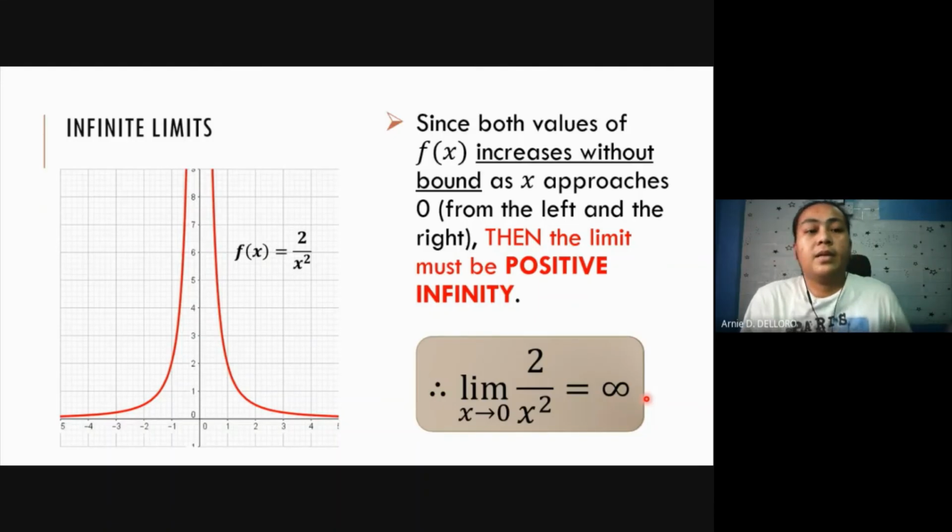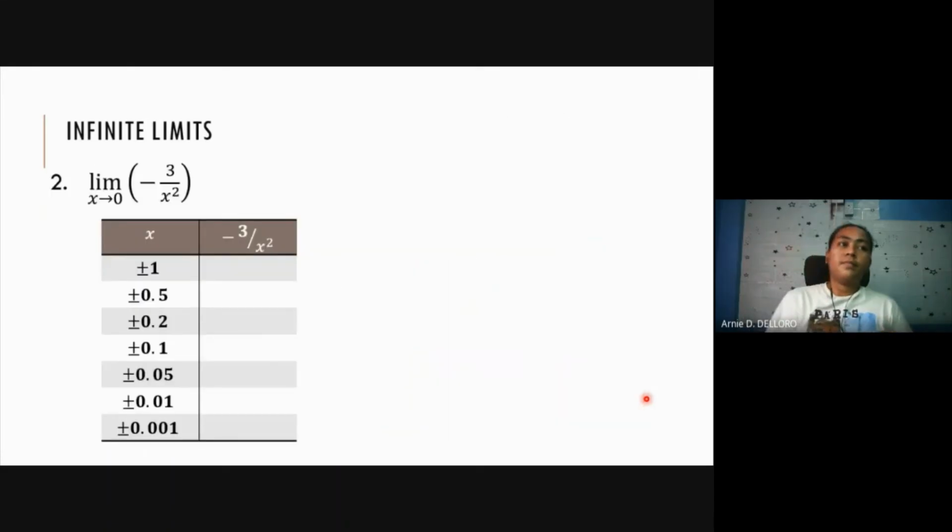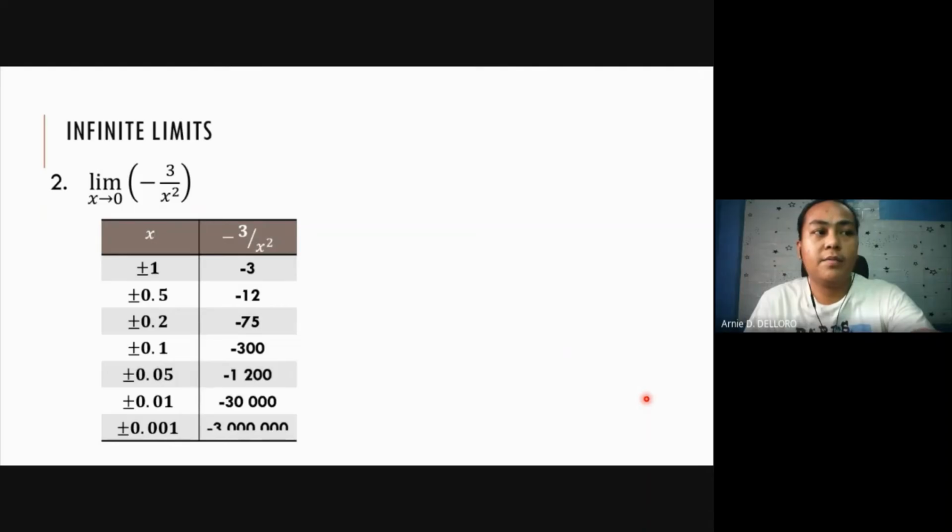Okay? Next, we have the limit of negative 3 over x squared as x approaches 3. Now, the values of the function, given this values of x, positive or negative man yun, will be this one. Diba? Negative 3 million. Dito pa lang actually, magkakaroon ka na ng idea kung ano yung behavior ng graph.